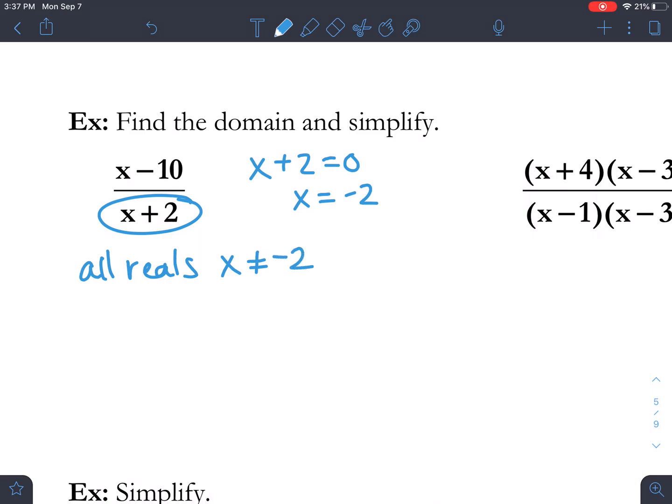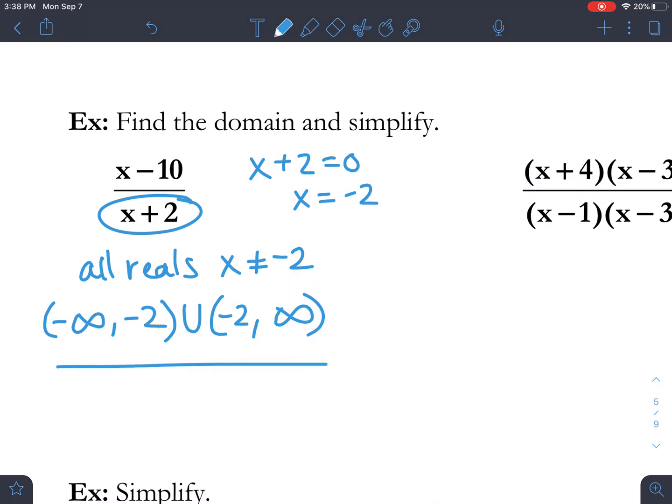Okay, it's written in a couple different ways, so I just wanted to show you. We're also going to be talking about writing it in interval notation. Interval notation would be something like this. If I have all real numbers from negative infinity up to negative 2, I don't include negative 2, that's a parentheses there, union from negative 2 to infinity.